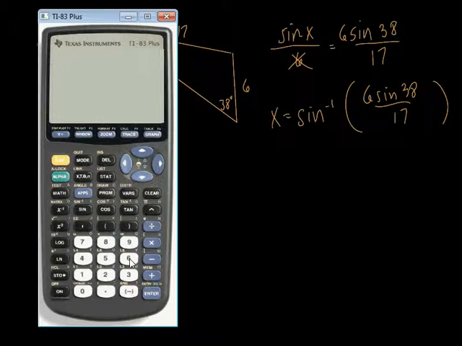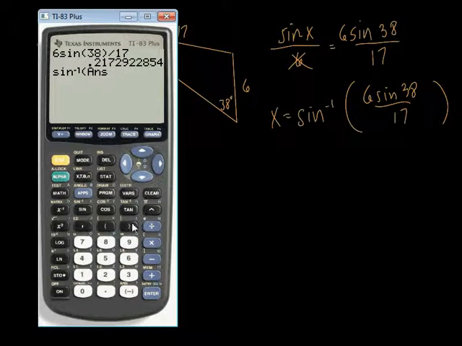So 6 sine of 38 divided by 17. Get an answer for that. Now watch what I'm going to do. I'm going to take the inverse sine of this answer right here. How do I do that? I take inverse sine of the answer. How do I get answer on this calculator? Second, this thing right there.